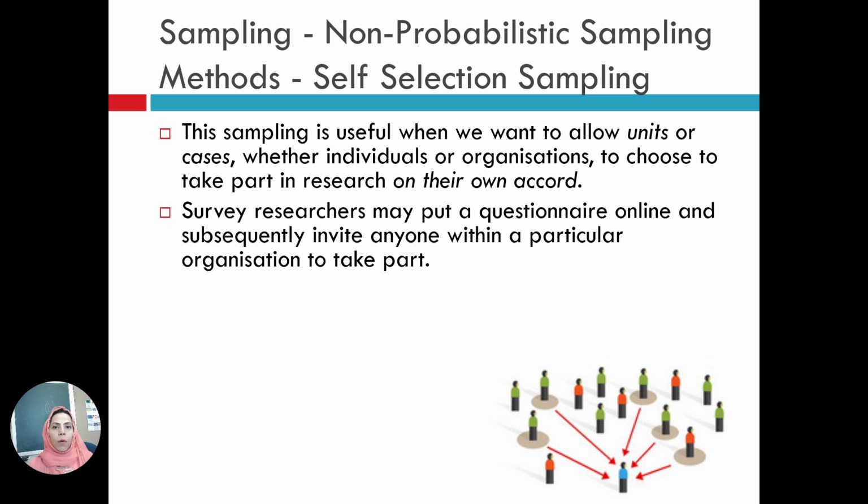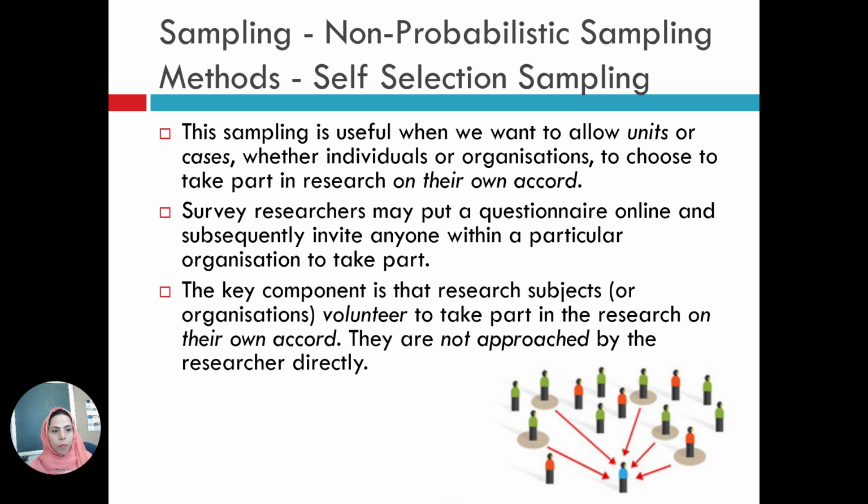So how it happens is that, being a researcher, you can put a questionnaire online and invite anybody, and among them, those individuals or organizations who want to take part on their own can become part of your sample here.